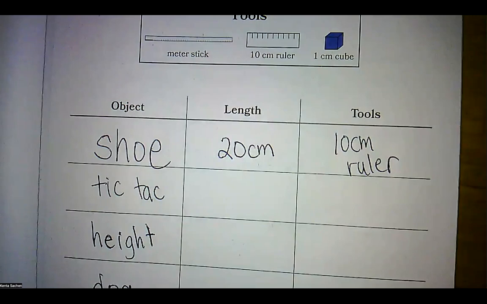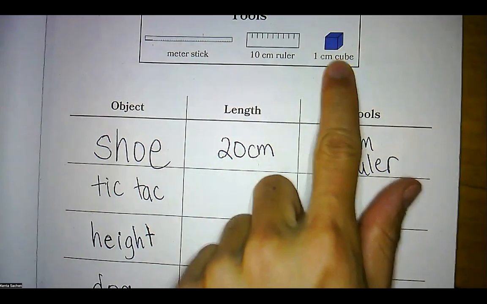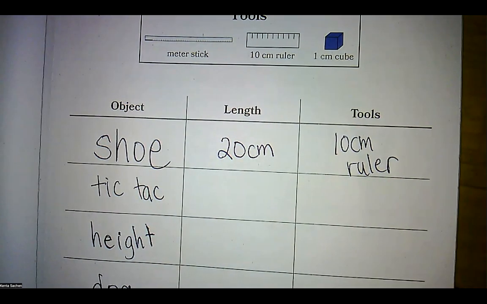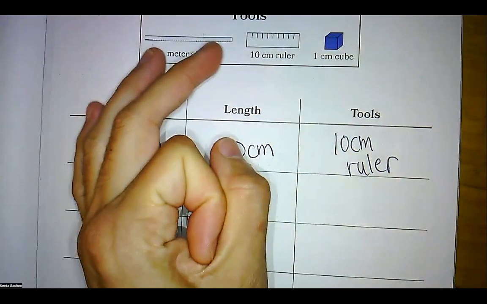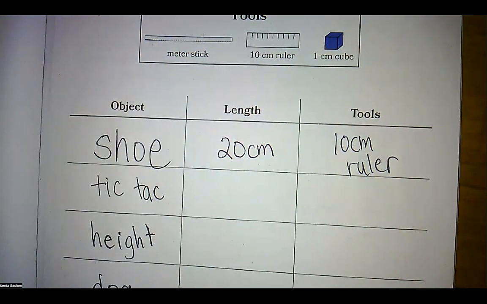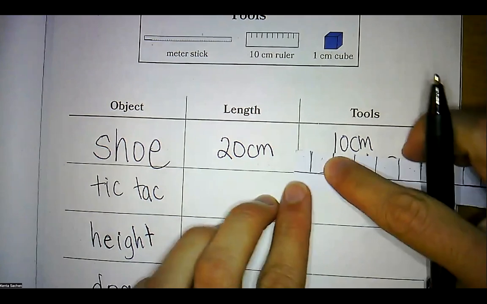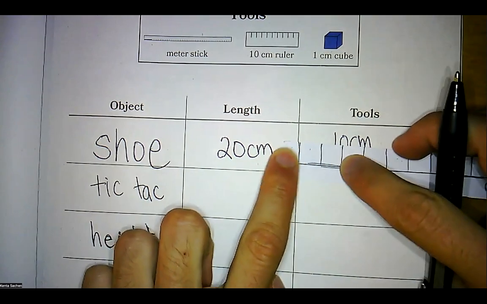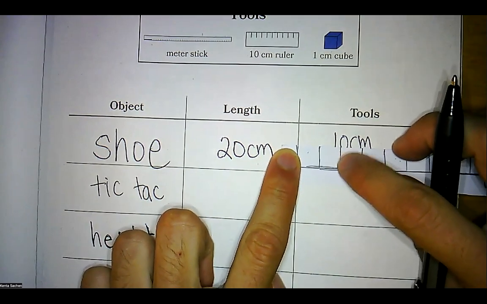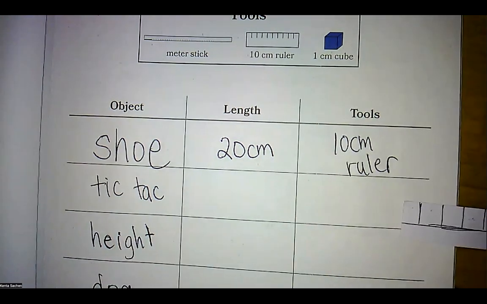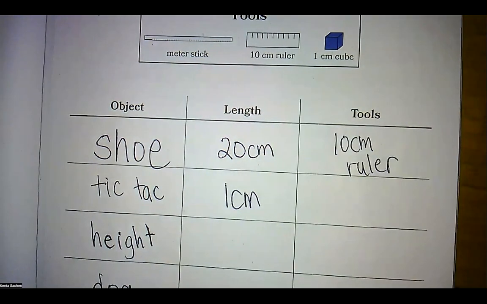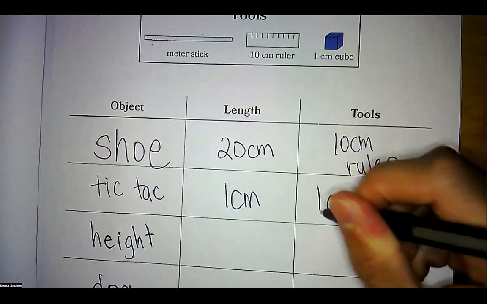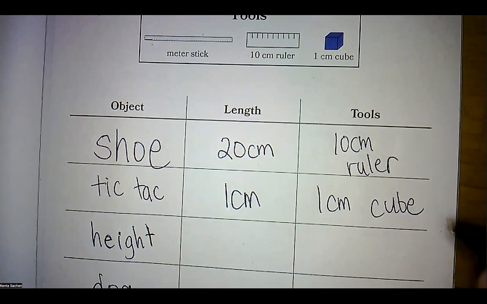And how about the 1 centimeter cube? I'm seeing a lot of hands for the 1 centimeter cube. Yeah, I think so too, right? Because our tic tac, if you remember, is super small. Maybe about the size of one of these cubes, or maybe if you got lucky and got a big one, maybe 2. But I think a tic tac is about 1 centimeter.